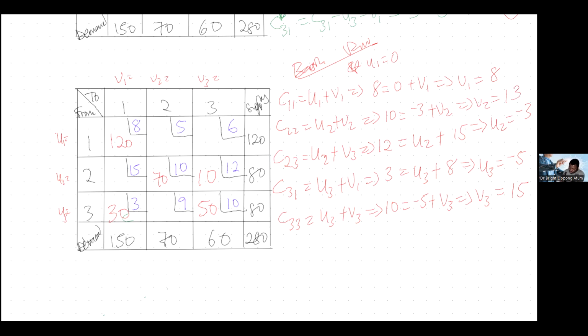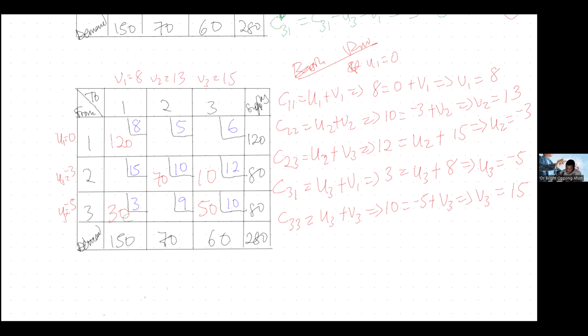All right, so we must fill this table. So U1 is initially 0, U2 we found negative 3, U3 we found negative 5, V1 is 8, V2 is 13, and V3 is 15.